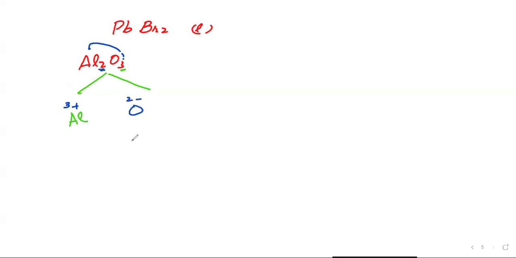So I have aluminium plus 3 and oxide minus 2. Remember, when oxygen gets minus 2 charge, we call it oxide. So I have anode and cathode: anode, positive electrode; cathode, negative electrode.